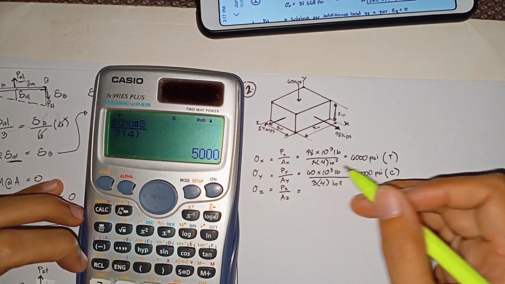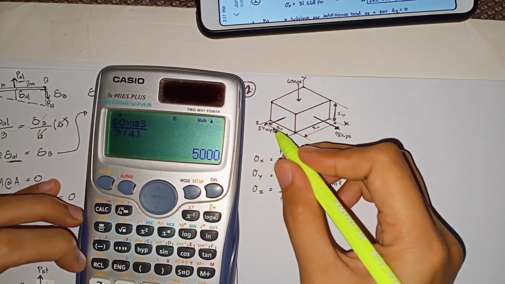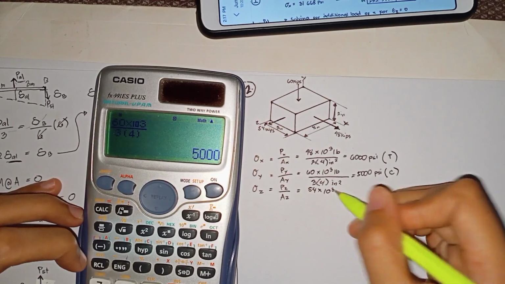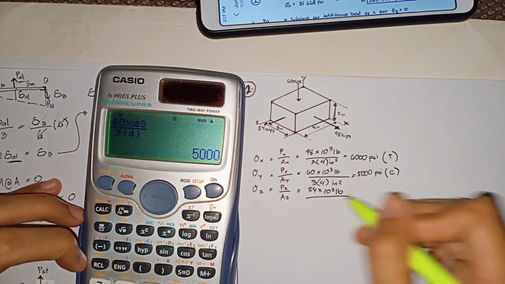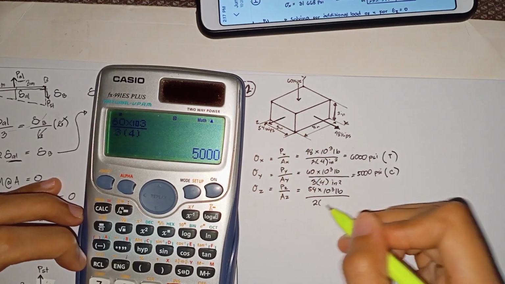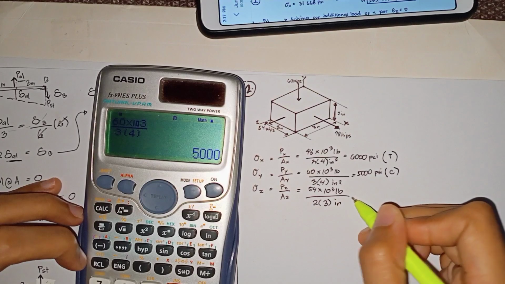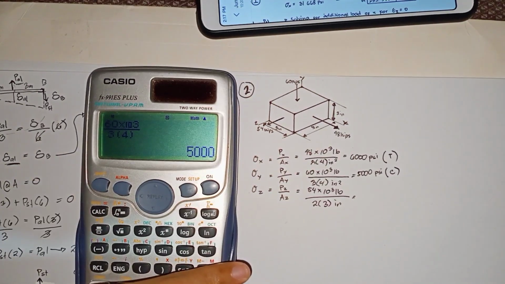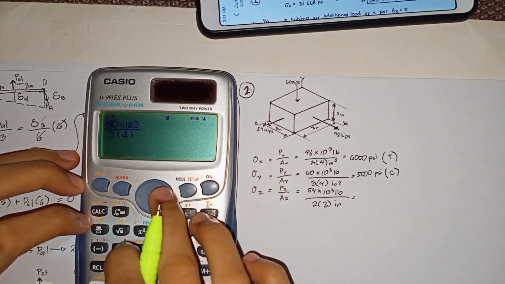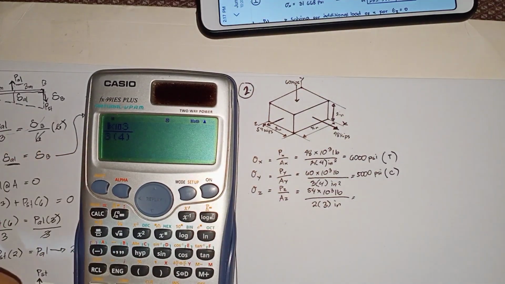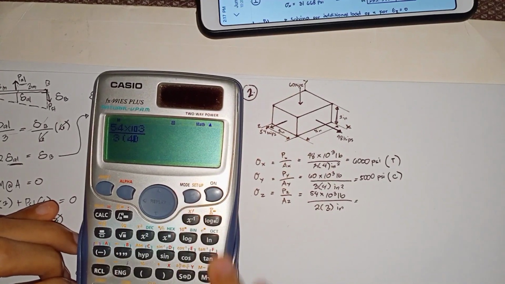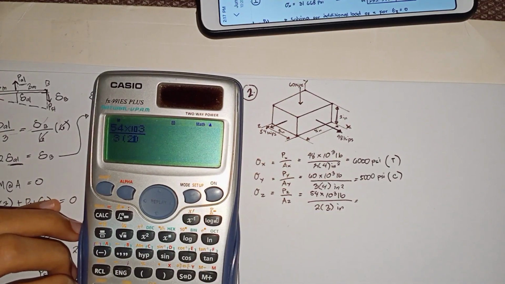Next, here we go to the stress of Z. So, the stress of Z, its force is 54 times 10 raised to 3 LB all over. Area is 3 by 2. So, that is 2 multiplied by 3 inch square. Okay. So, let's use the calculator again. 54 times 10 raised to 3 over 3 times 2.